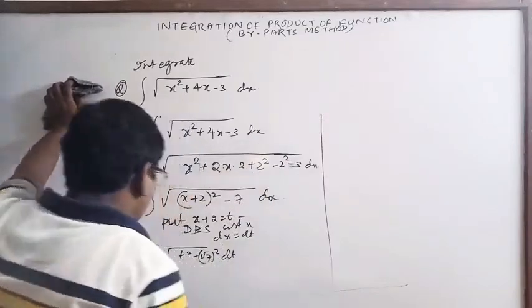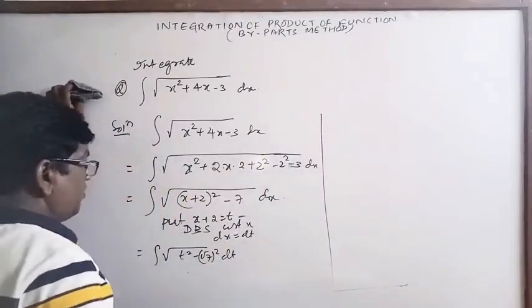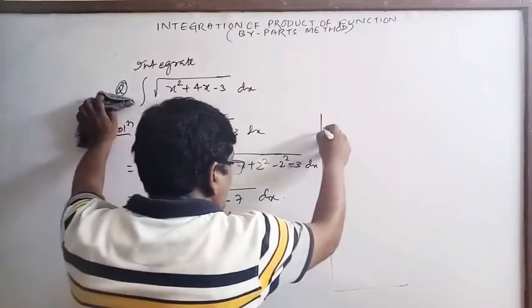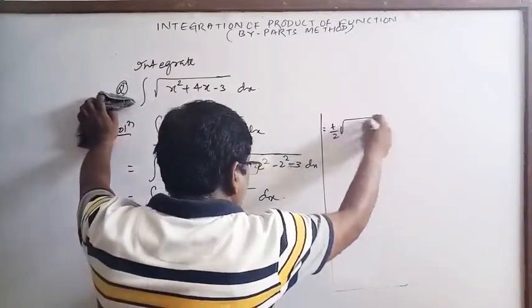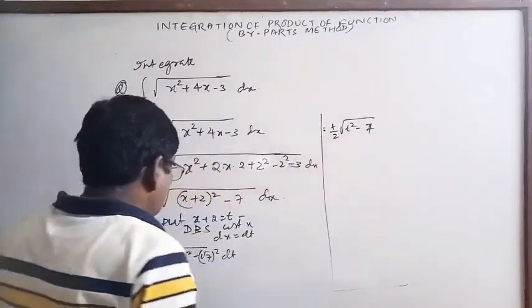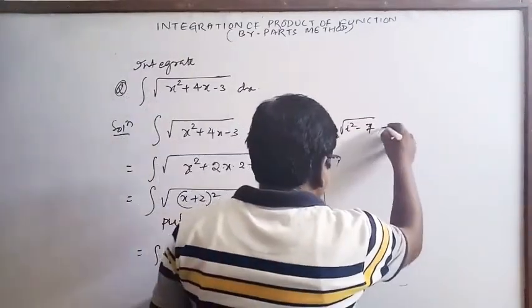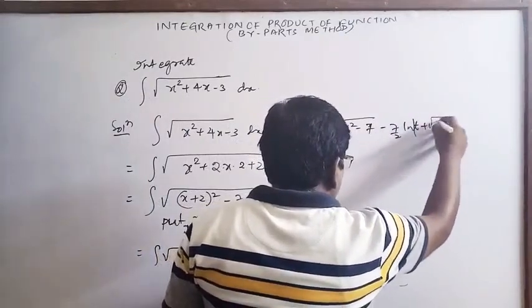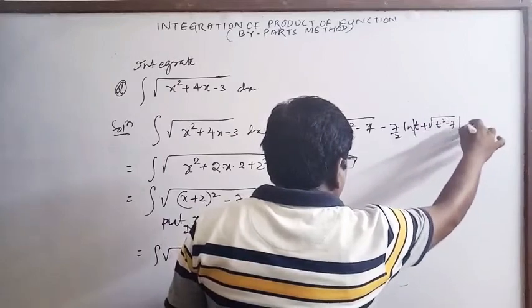This is the x square minus a square formula, the third formula. So t by 2 root over t square minus 7, minus a square by 2, that is 7 by 2, log t plus root over t square minus 7, plus c.